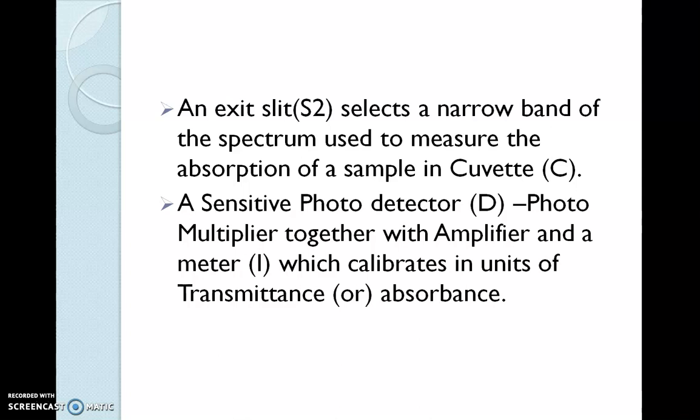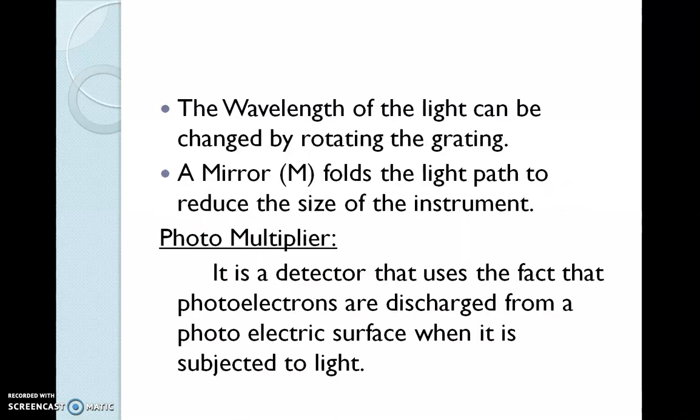The photomultiplier acts as a detector that uses the fact that photoelectrons are discharged from a photoelectric surface when it is subjected to light. The wavelength of the light can be changed by rotating the grating. A mirror M folds the light path to reduce the size of the instrument.